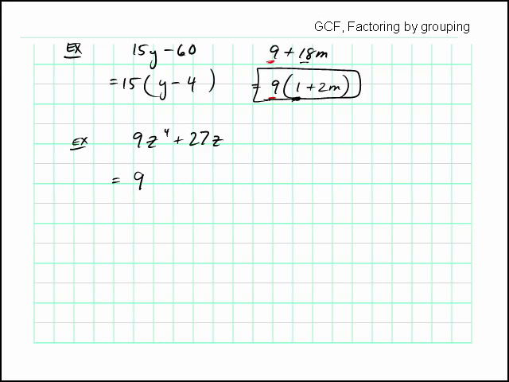So since I have just a z to the 1st right there, I can take at most a z out of both terms. If I do that, 9z to the 4th divided by 9z leaves you with a z cubed. And 27z divided by 9z will leave you with just a 3. And I factored the polynomial again.